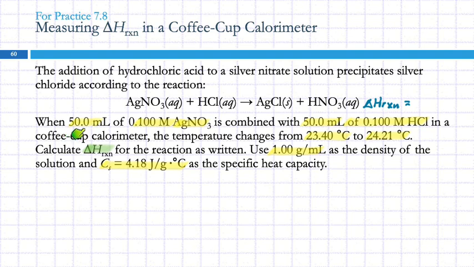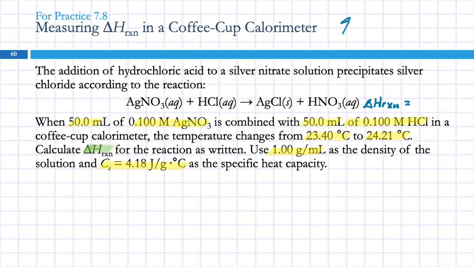If we look at this, the same volume of the same concentration, they're both 50 milliliters, both 0.1 molar, so that's equal numbers of moles, right? And in the balanced chemical equation, it's 1 mole of this to 1 mole of that. So this is set up so it just all reacts and there's nothing left over. So we don't have to calculate a limiting reactant. We don't need to calculate an amount of product. We just want to calculate the amount of heat that was gained or lost by this reaction.